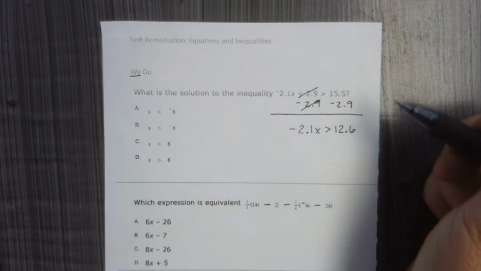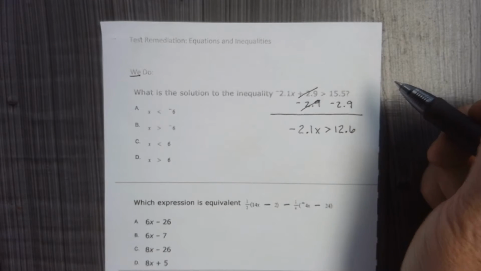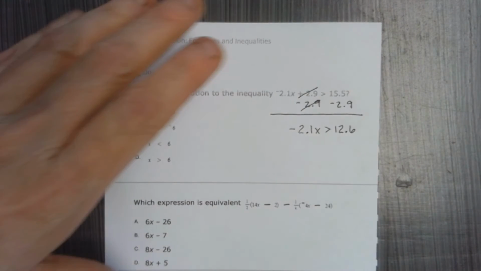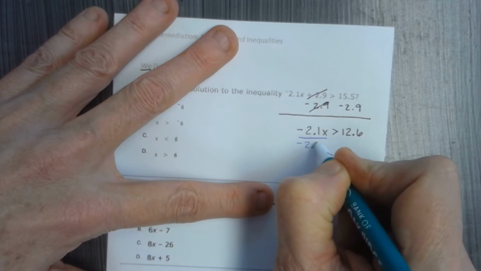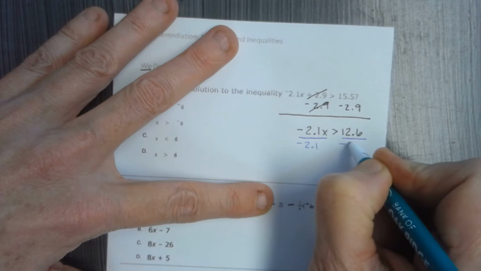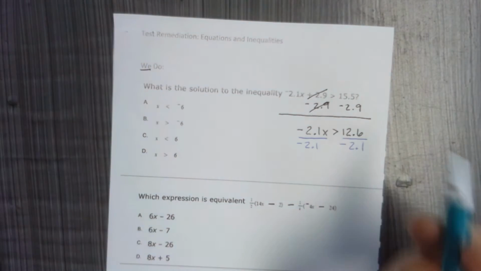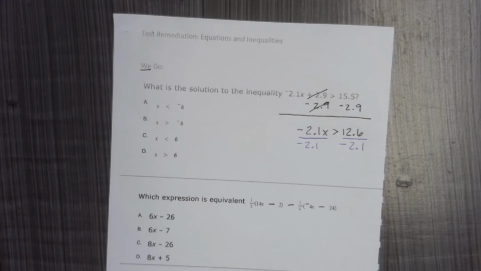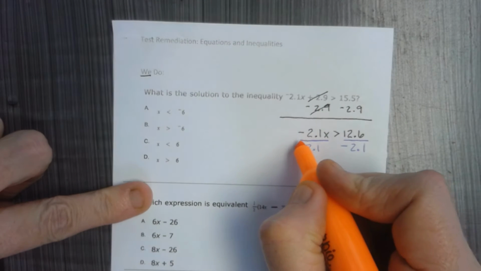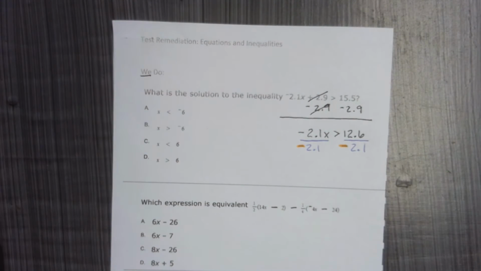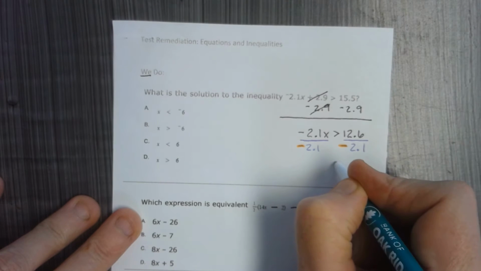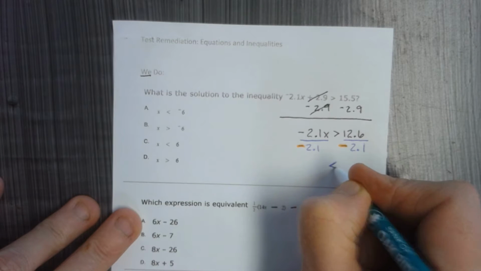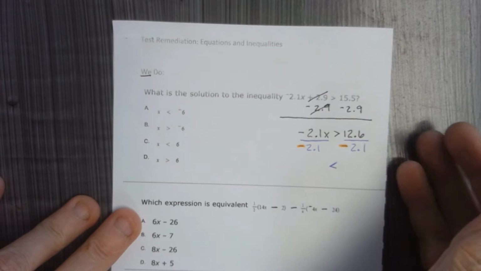And this next step is probably the reason why you all missed this problem. We have to divide by negative 2.1. We are dividing both sides by a negative number, and our rule says when we divide both sides by a negative number, the inequality sign switches direction.